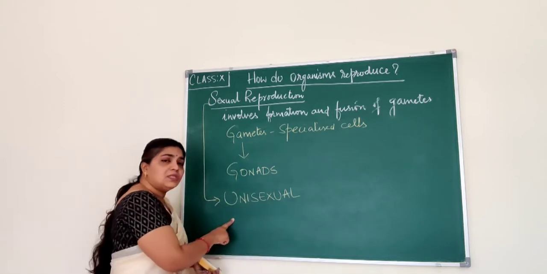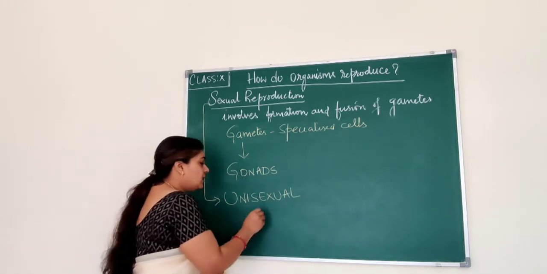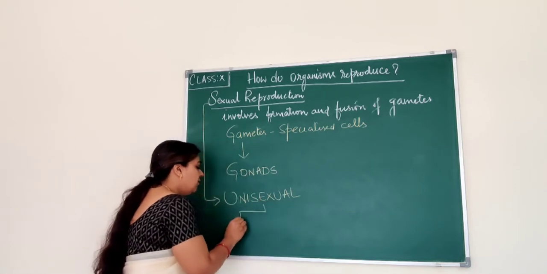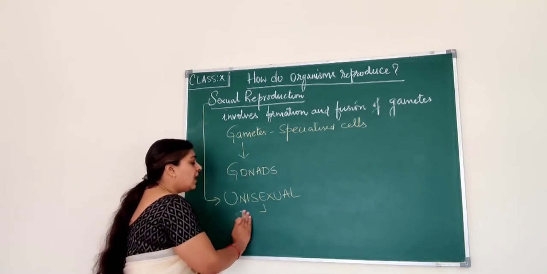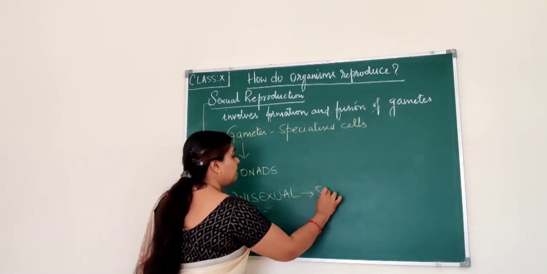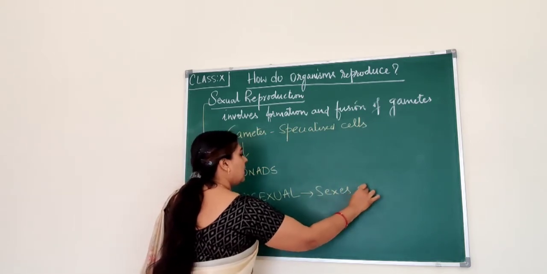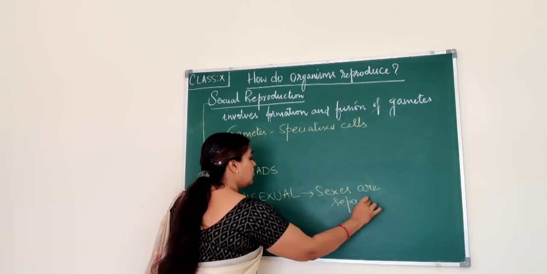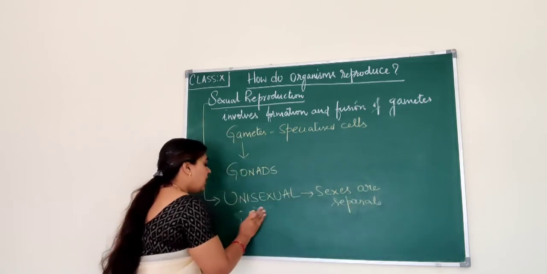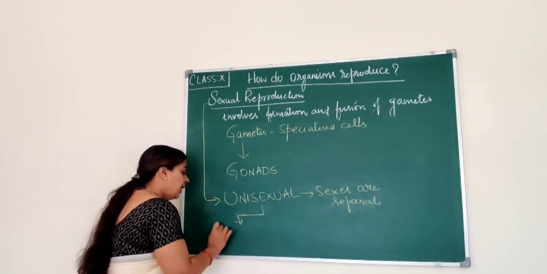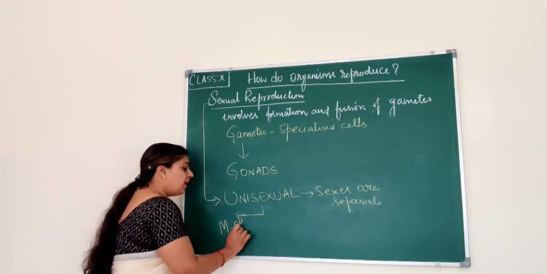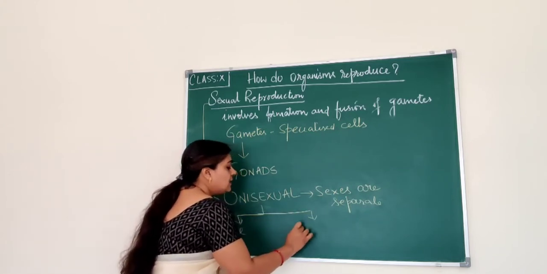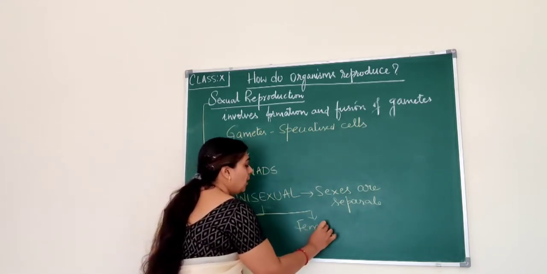So what is a unisexual organism? A unisexual organism is one where the sexes are separate. What does separate sexes mean? We can find a separate male organism and a separate female organism.